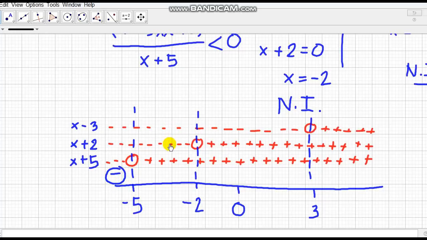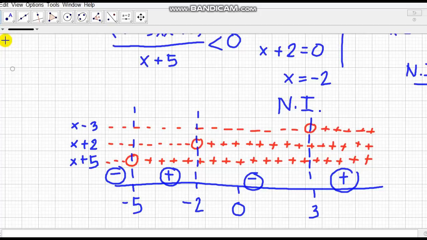Negative times negative, positive, times positive, positive. Negative times positive, negative, times positive, negative again. Positive times positive, positive, times positive, positive again. So we have negative, positive, negative, positive.